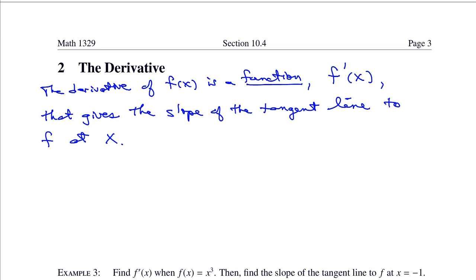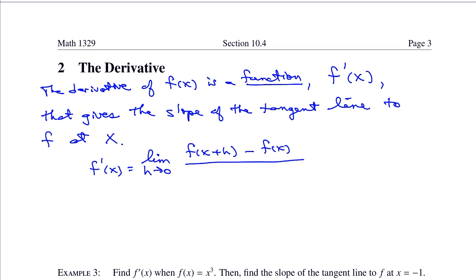So the formula for derivative is the limit as h goes to 0 of f of x plus h minus f of x over h. And then the last final note.